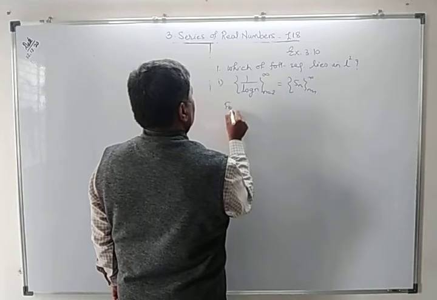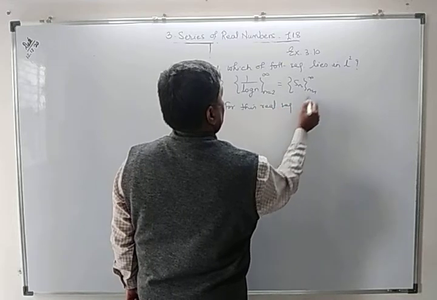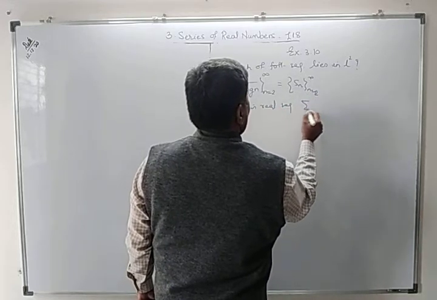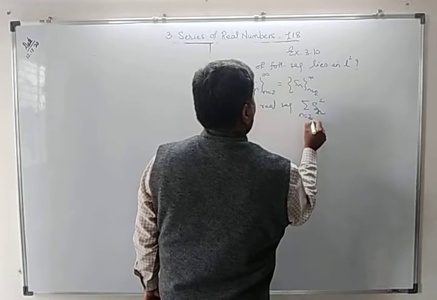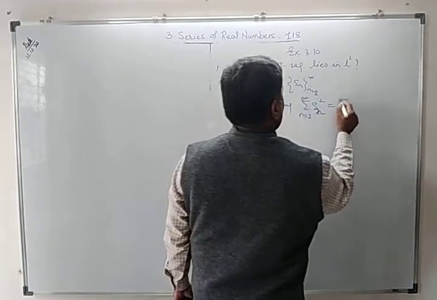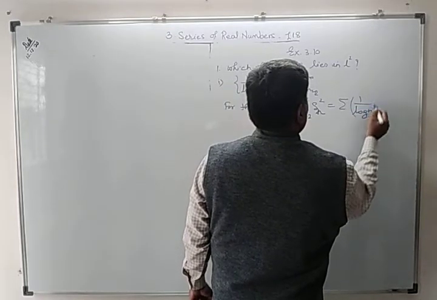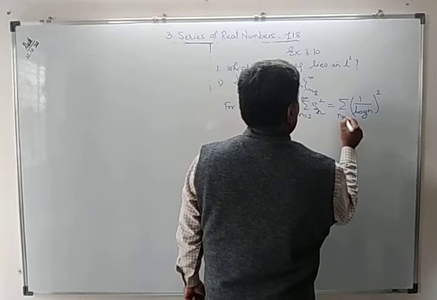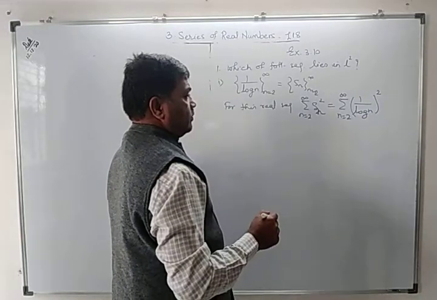So for this real sequence, the summation of Sn squared, n equal to 2 to infinity, is equal to the summation of (1 upon log n) squared, n equal to 2 to infinity. Is it clear?